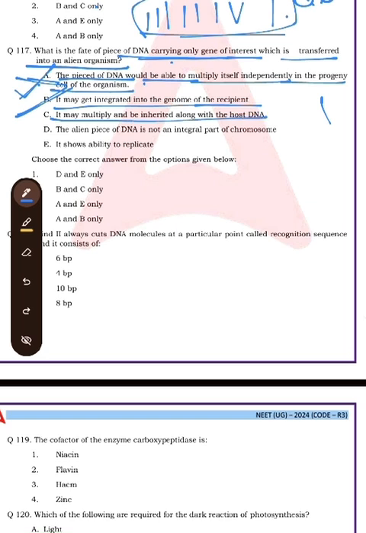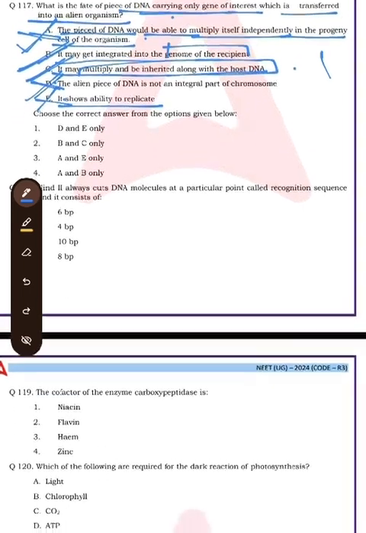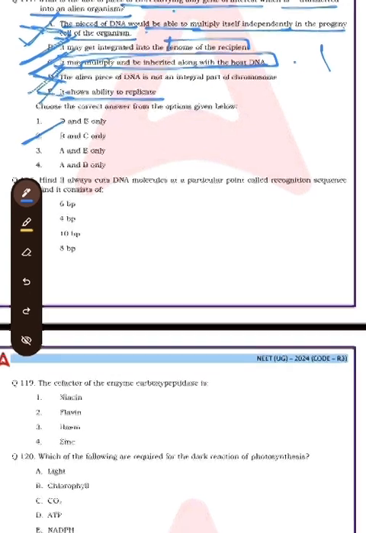It may multiply and be inherited along with the host DNA. Yes. The alien piece of DNA is not an integral part of chromosome. Wrong, it is an integral part. It shows ability to replicate. No. So the piece of DNA carrying gene of interest transferred to an alien organism may enter into the genome and can multiply and be inherited along with host DNA. So only B and C are right.